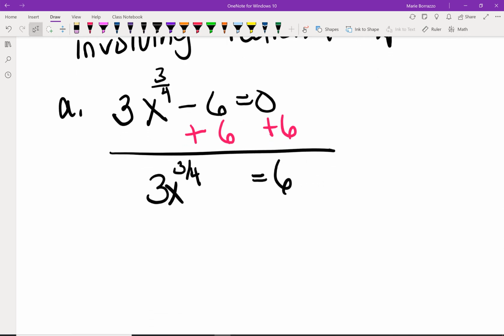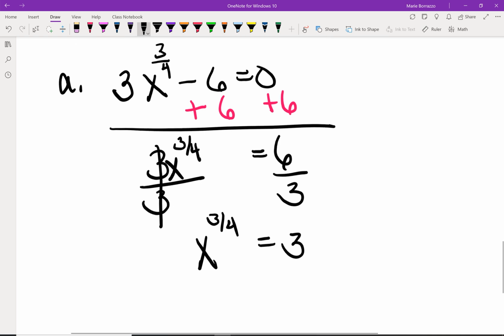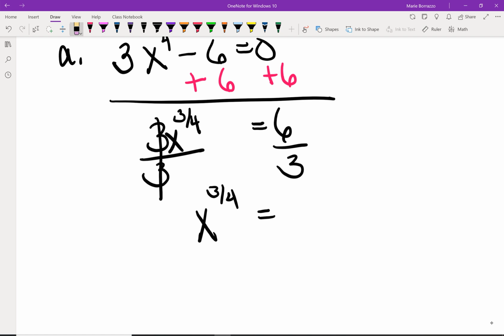Now remember, you're solving for x, so I'm going to have to divide this side by 3 and this side by 3 as well, canceling this out, leaving me x to the 3 over 4 is equal to 3. And now, I'm sorry, not 3, but 2. I can divide, sorry.